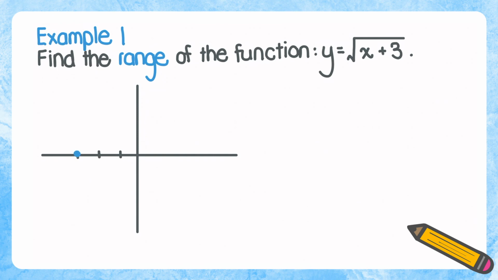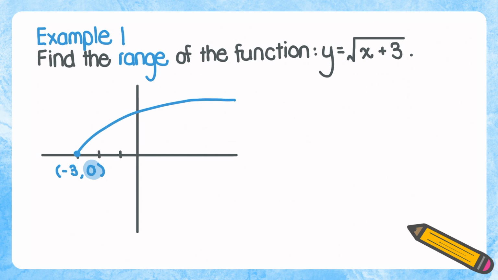So what happens here, I start at negative 3, and it's this weird curve thing. And then focus here on the starting point. The coordinate for this starting point is negative 3, 0. And for the range, we only focus on the y value. So in this case, it's 0.